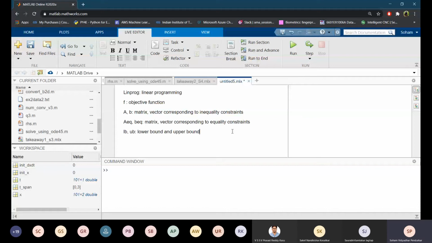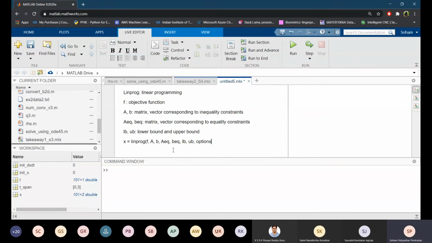Let's say X is equal to linprog, linear programming, some function F, A, B, and there are some more of them: AEQ, BEQ, LB, UB. There is something more, I think, with the help of options.